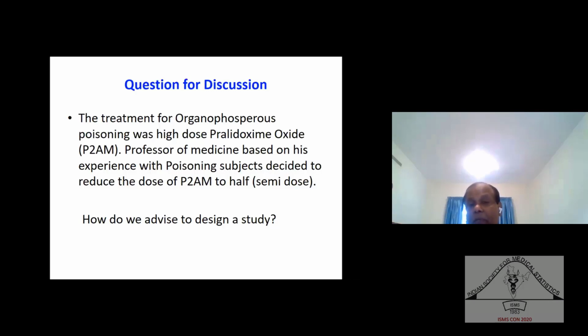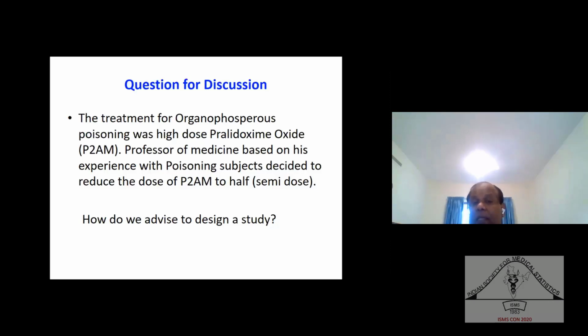So the current protocol 20 years ago was to provide them high dose pralidoxime, called PAM. The professor of medicine observed that it was a paid, imported drug, so they had to pay for the treatment, and some poor people were not able to pay.